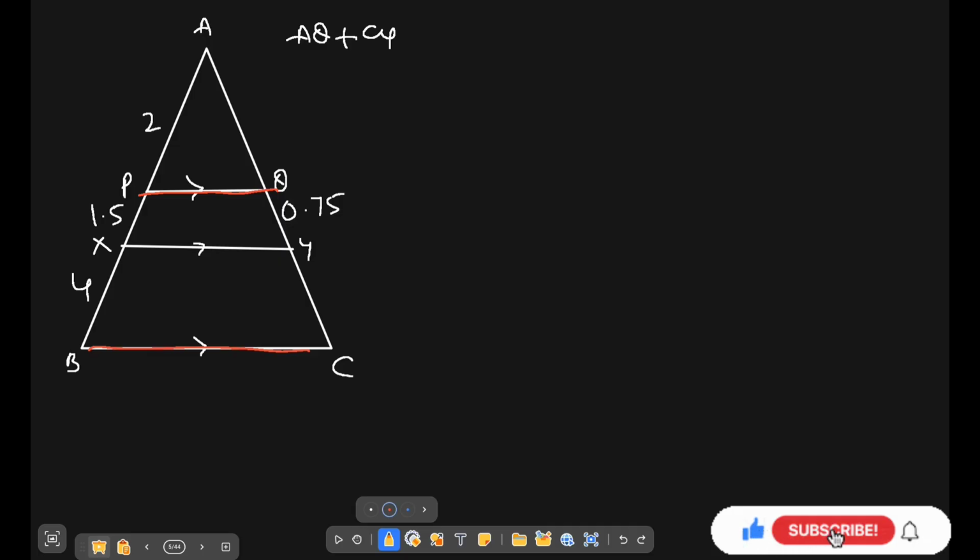Otherwise, you can apply the basic proportionality theorem. What is the basic proportionality theorem? If a line is drawn parallel to one side of a triangle, then that line divides the other two sides in the same ratio.